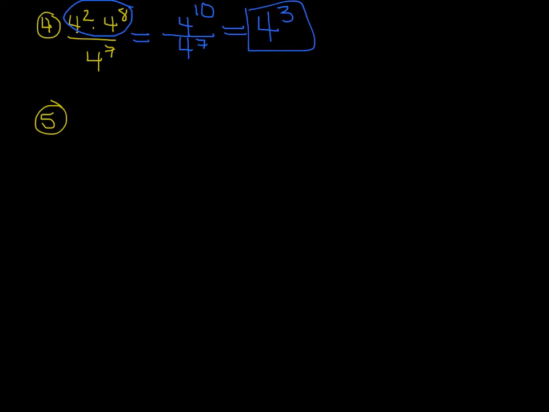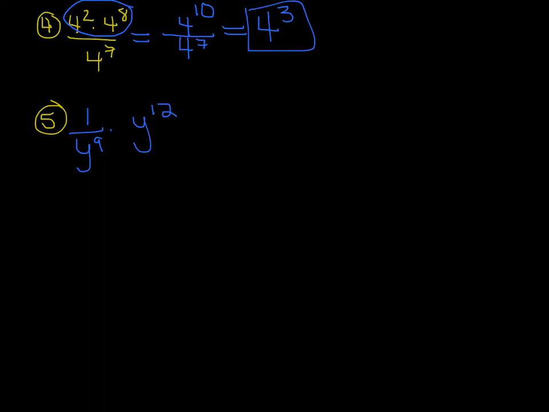So one more type of problem, and then we're going to go on to another rule. This is a special type of problem. It confuses a lot of people because not only does it involve fractions, but it also involves variables. So just be careful about that.